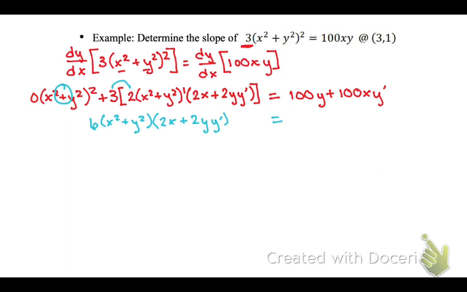So I have 6x squared plus 6y squared times this. We're going to multiply those two out. Wait, the y prime stays with the 2y, right? Yes. That's 2y y prime is one thing. That stays together. Yep. Okay.